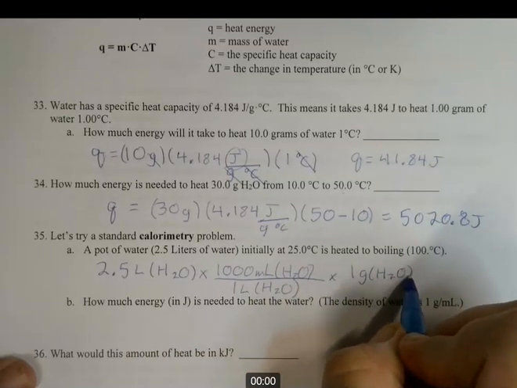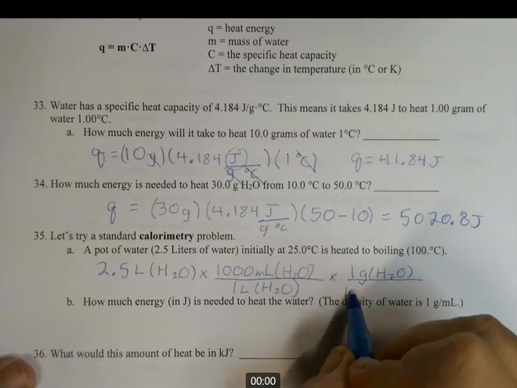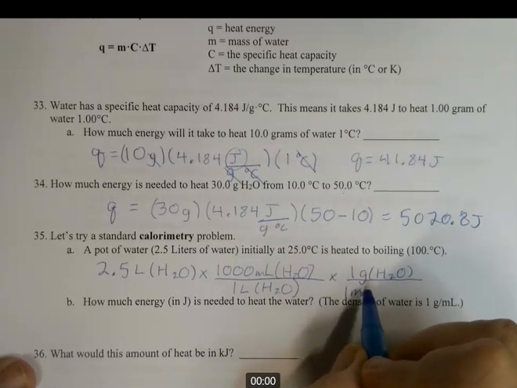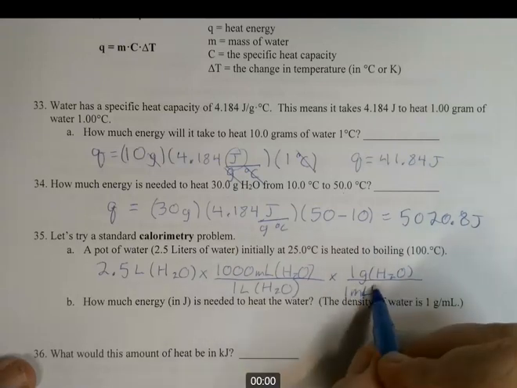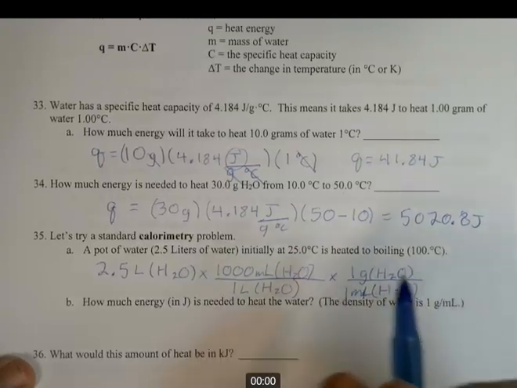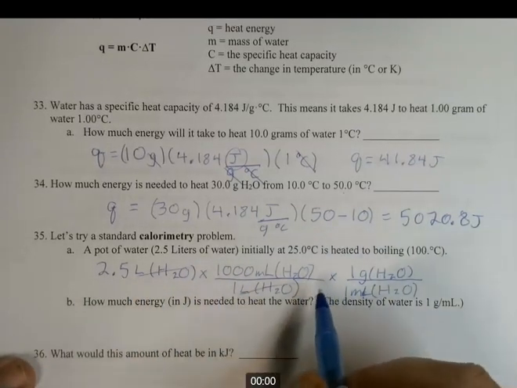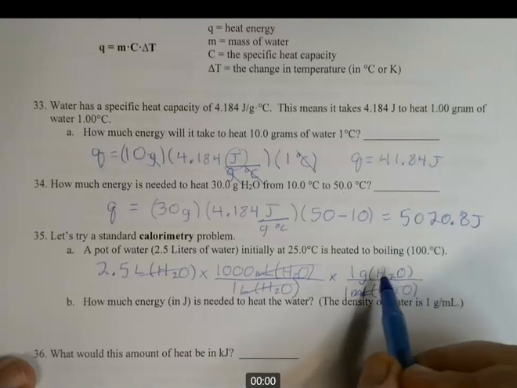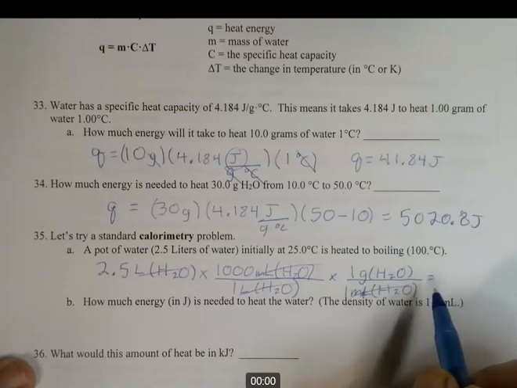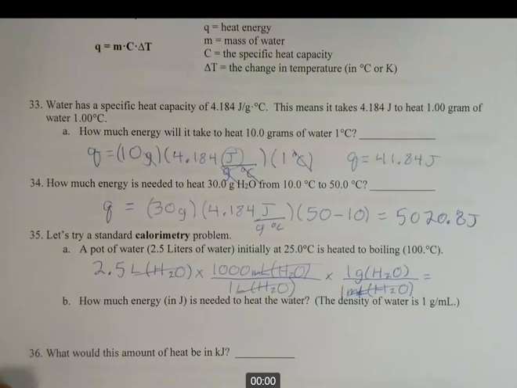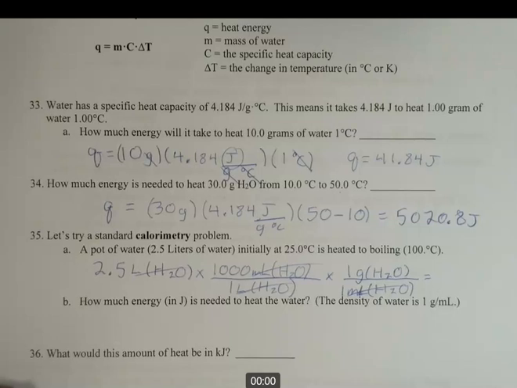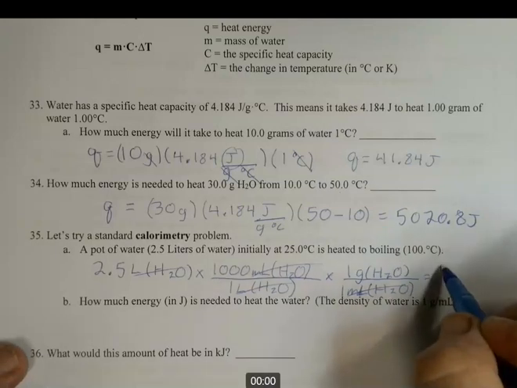This last relationship is only for water. In other words, this is how much it weighs, this is how much space it takes up, and it's 1-to-1, but that's only true of water. So we've got liters of water, milliliters of water, and we end up with grams of water. That's what we want for our equation. So that's going to be 2,500 grams.